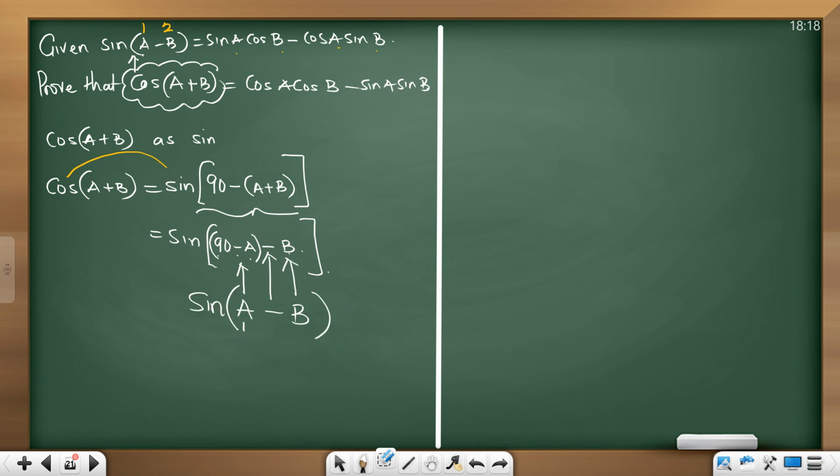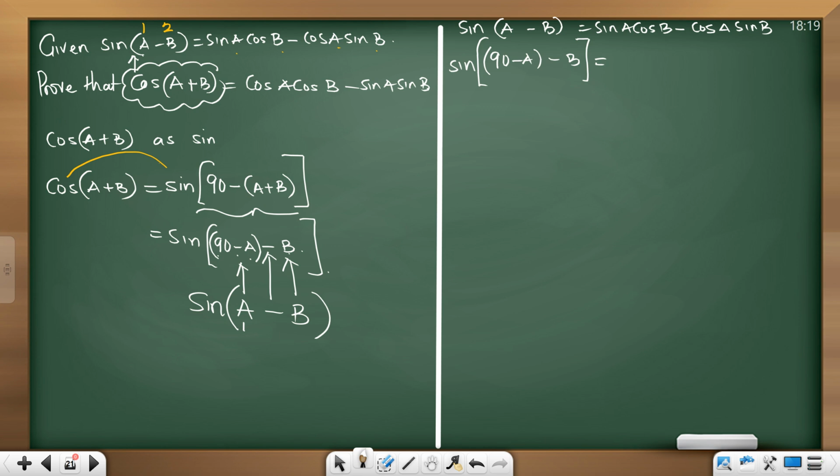Now, I want to leave that there. So what is sine 90 minus A minus B? Remember what we are given. Sine A minus B is equal to sine A cos B minus cos A sine B. Following that order, what is my A now? 90 minus A. And what is my B?